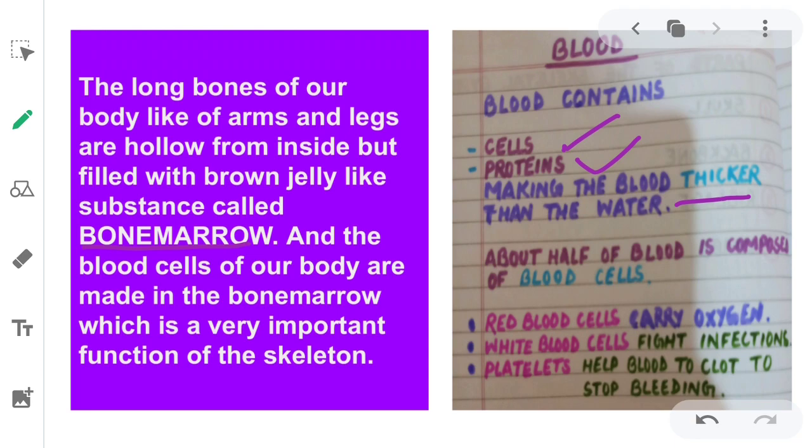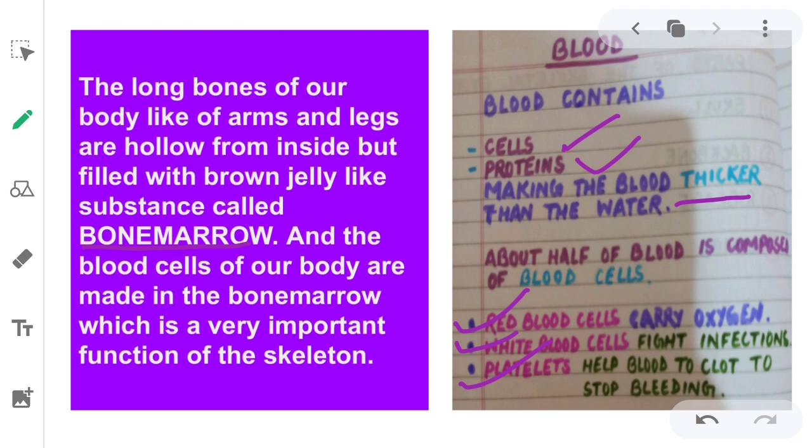It is possible because of the presence of the cells and proteins. And you should know that about half of the blood is composed of blood cells. There are 3 types of blood cells: red blood cells, white blood cells, and platelets, and all these have their function.